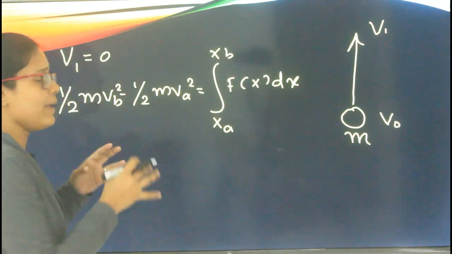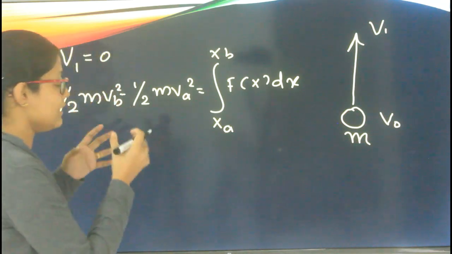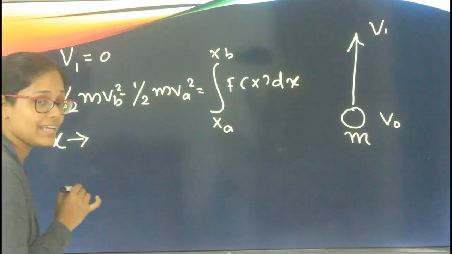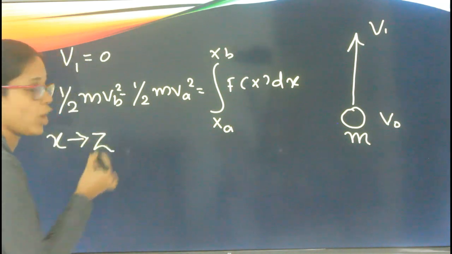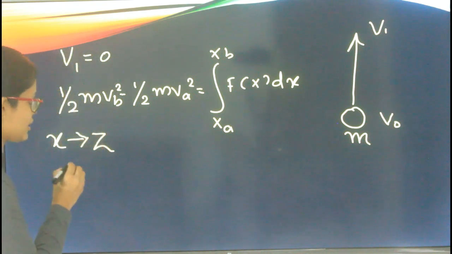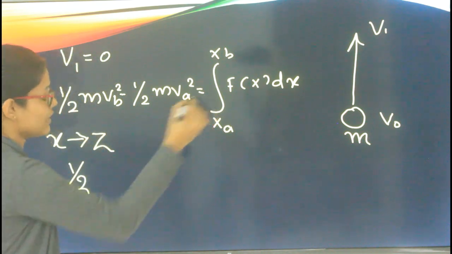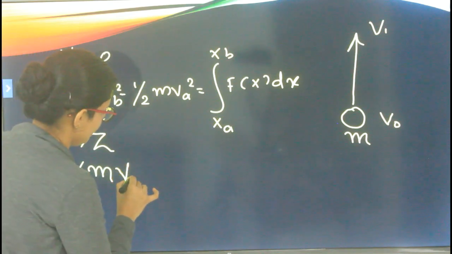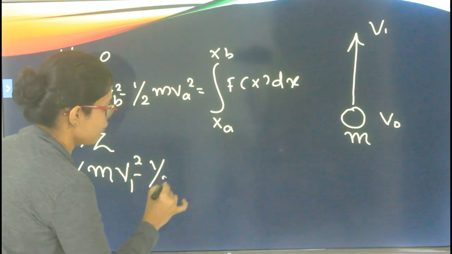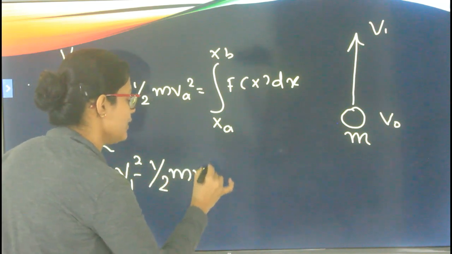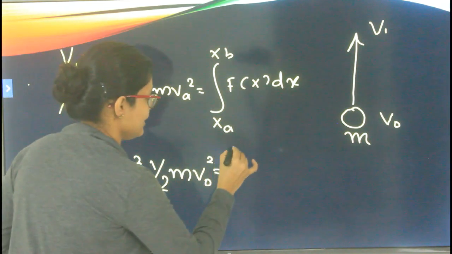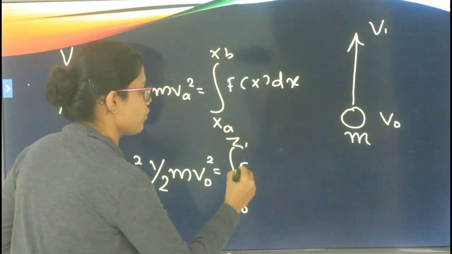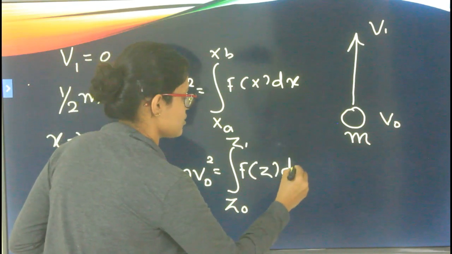There will be a small change in this case, because we are considering the z-axis instead of the x-axis. So this equation can be written as half m v1 square minus half m v0 square is equal to the integral from z0 to z1 of f of z dz.